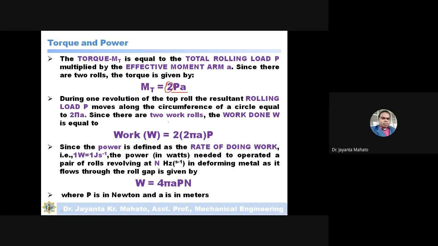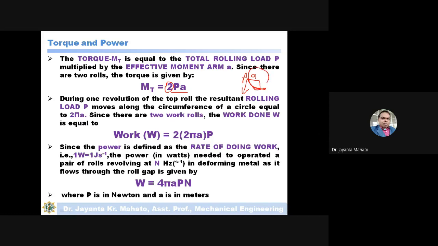And the work done W is nothing but force into length. The circumferential length is 2 pi a, and the pressure P is applied over this arc.